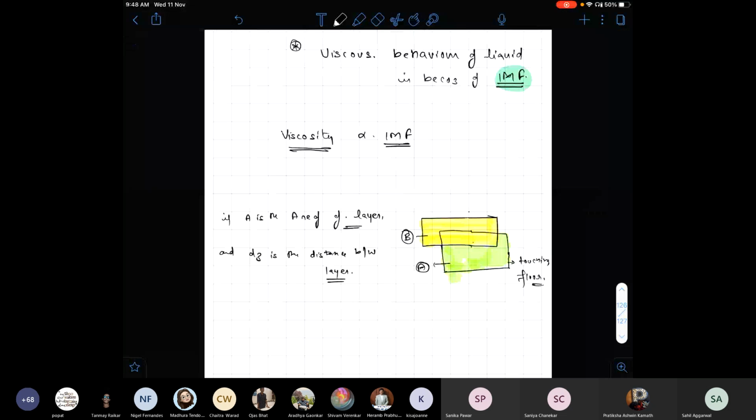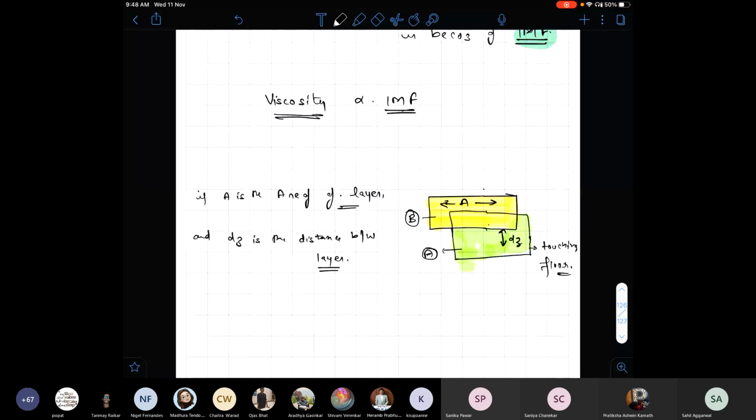How? How will viscous force depend upon the distance between the layers and the surface area of the layer?